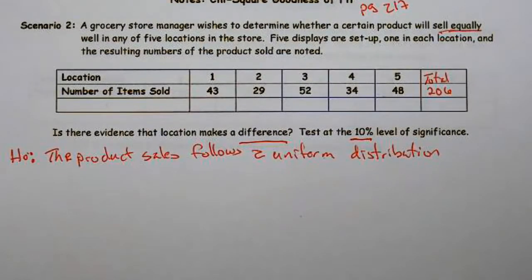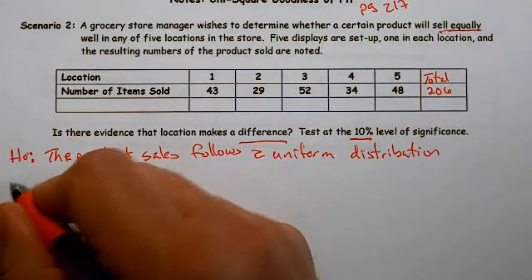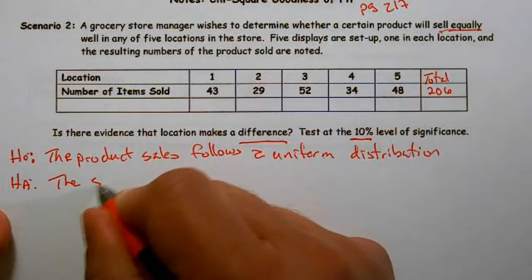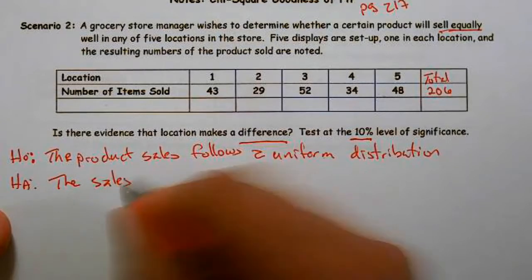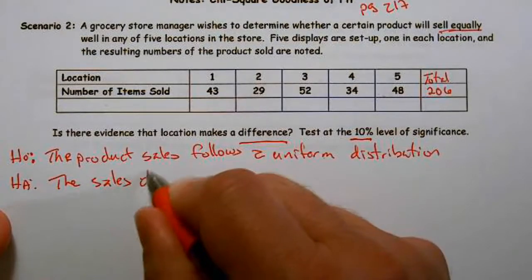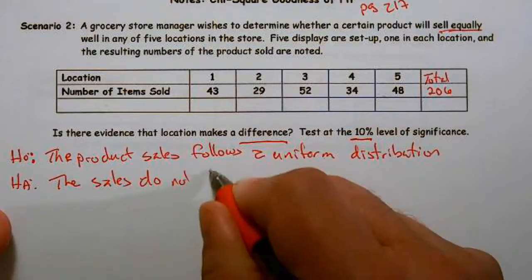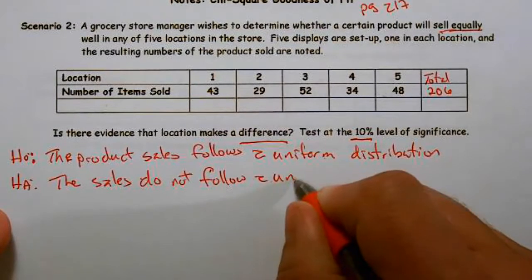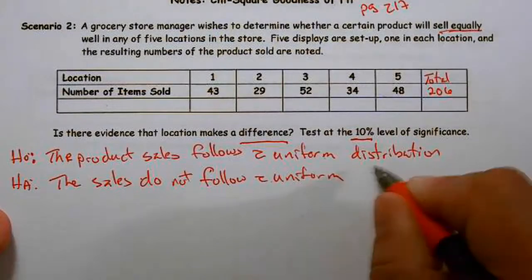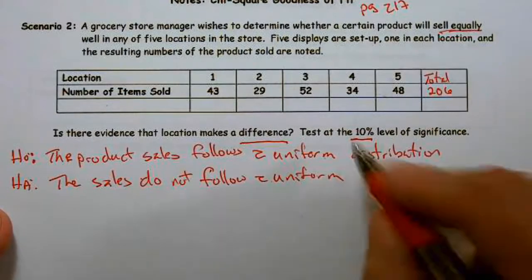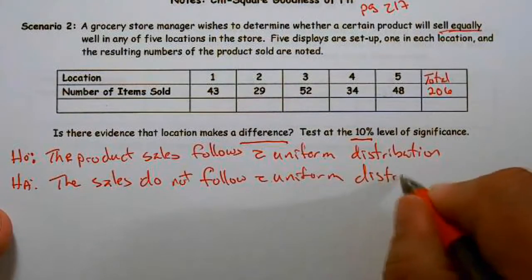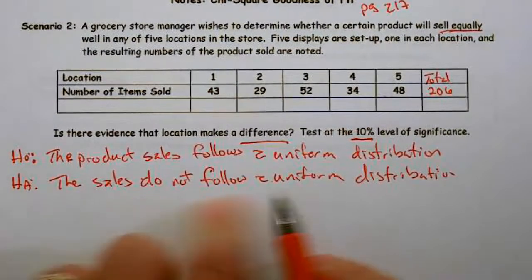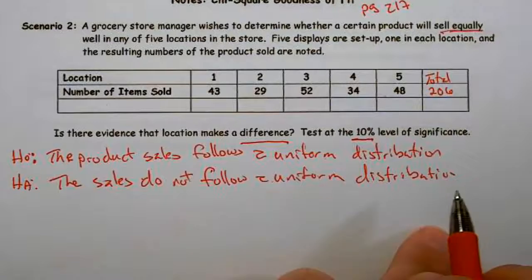That's the null. The alternative is the product sales do not follow a uniform distribution, or are different. Sales are different for each location.